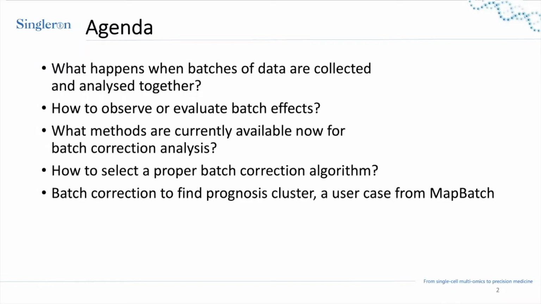We did a small benchmark with 7 available batch correction tools, and then propose some metrics that we can look at when observing the batch correction results. At the end, we are going to show a case study with batch correction that helped us find a prognosis cluster in the disease multiple myeloma.